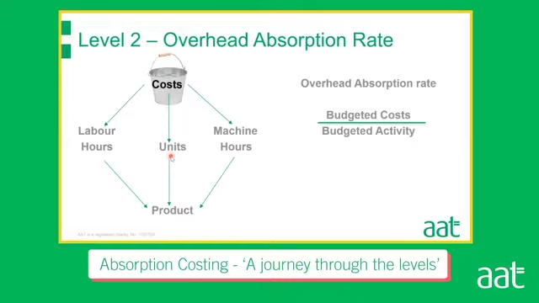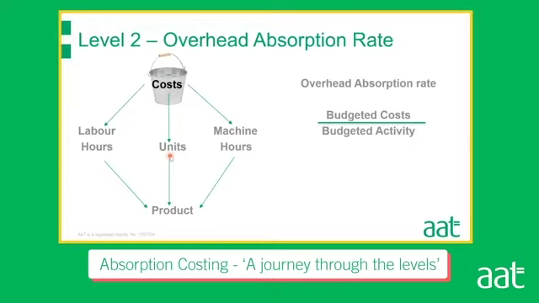But hang on a minute. If you think about it, by using that particular method, regardless of the product, regardless of the service, don't you just end up with exactly the same amount of overhead being charged to each product or each service?